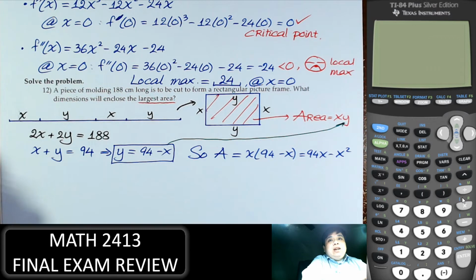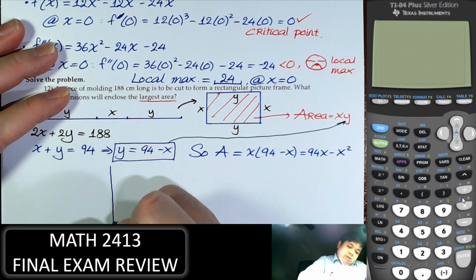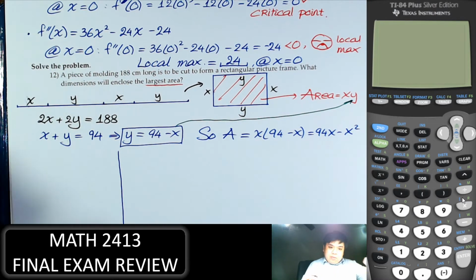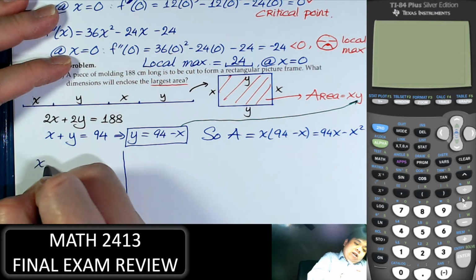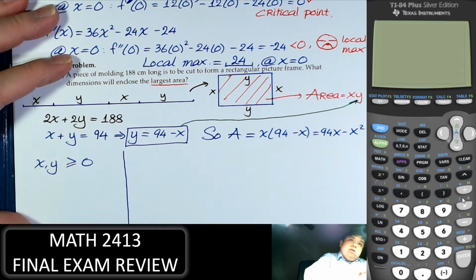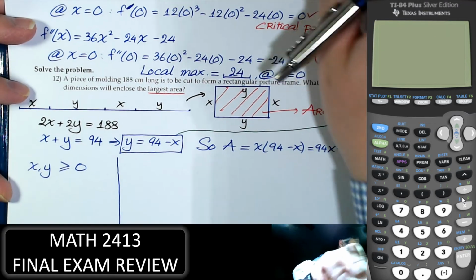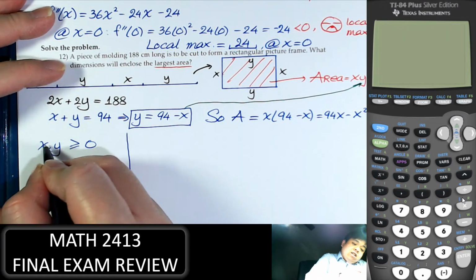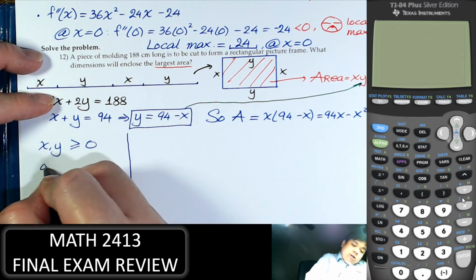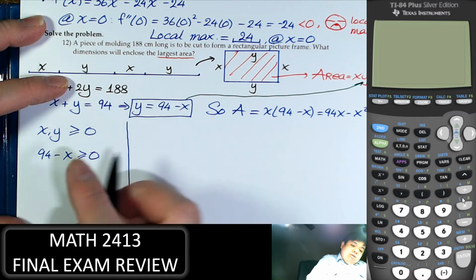When we do that, we also need to have the limit as well. So notice that the measurements for x and y must be greater than or equal to 0, because the measurement cannot be negative. After that, we have x greater than 0 and y, which is 94 minus x, greater than or equal to 0. Move the 94 over.